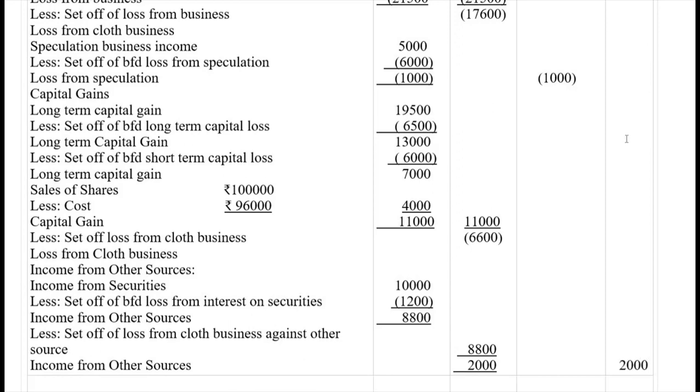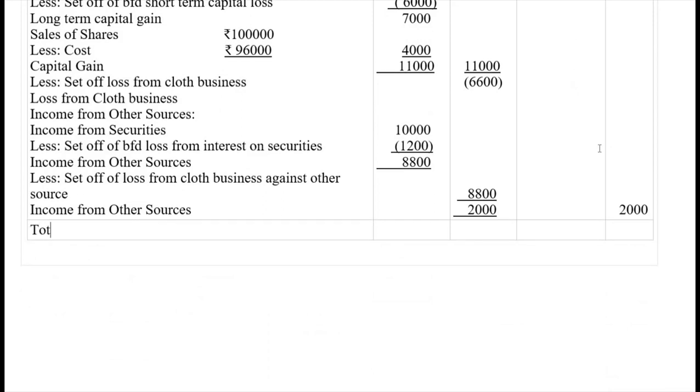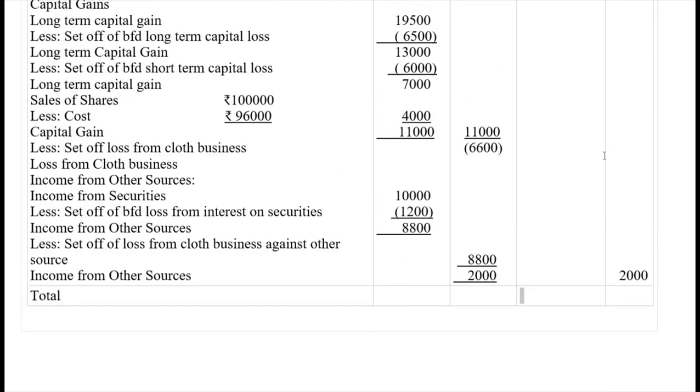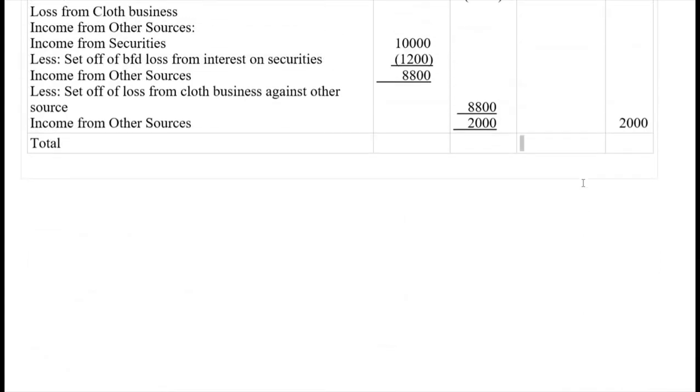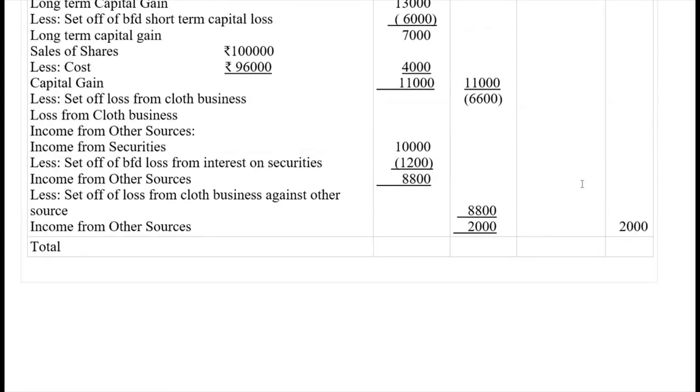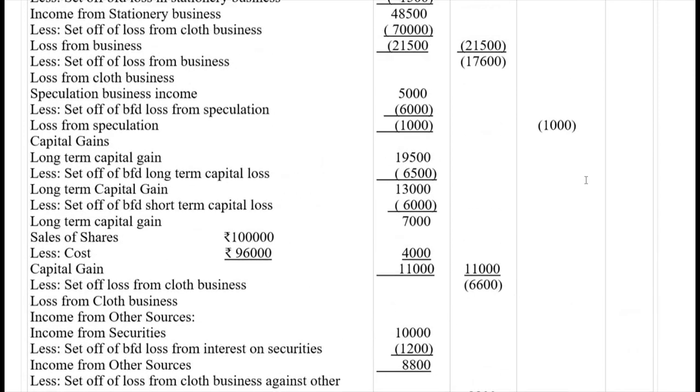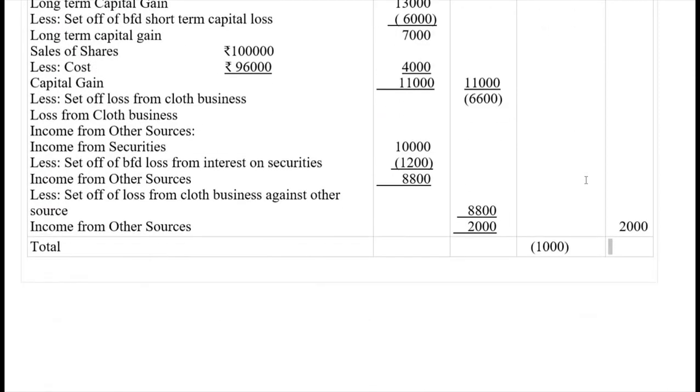So now let us take the sum of this here. So total here. In case of carry forward, we have got only rupees 1,000 here. So 1,000 loss is to be carried forward. Here 96,000 plus 2,000 is 98,000. So now let's write down the notes here.